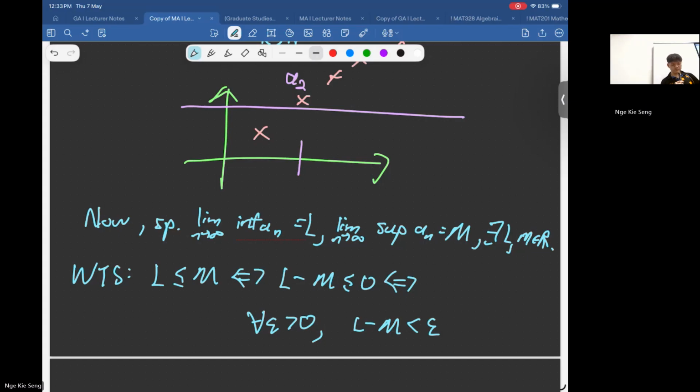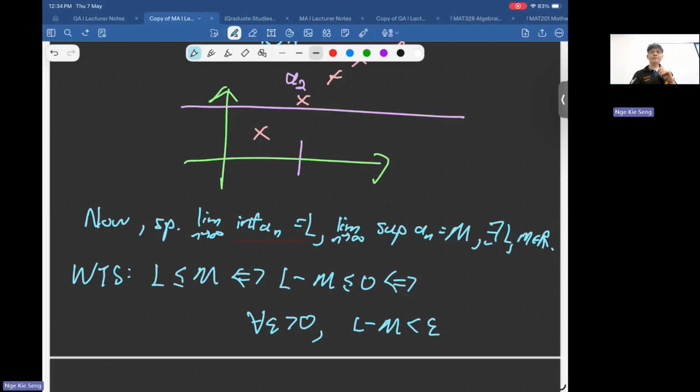Slowly push toward things that need epsilon. Any idea?